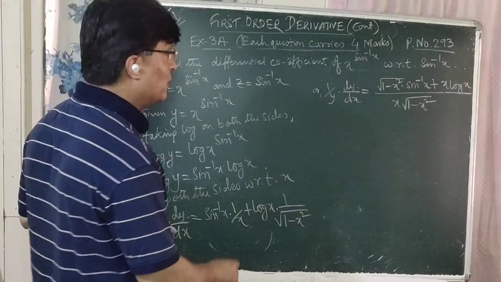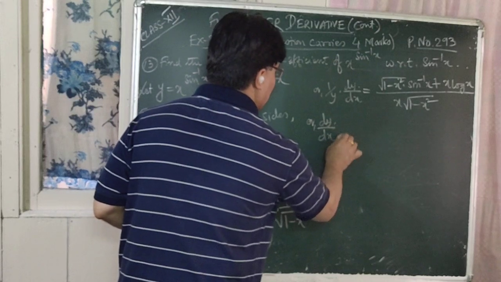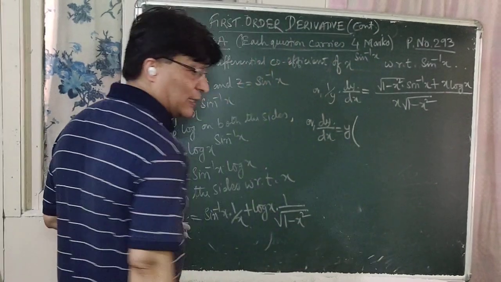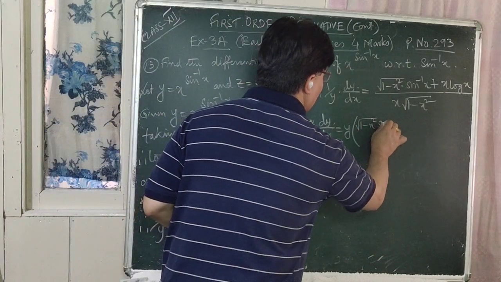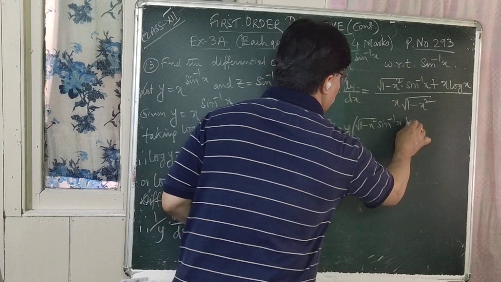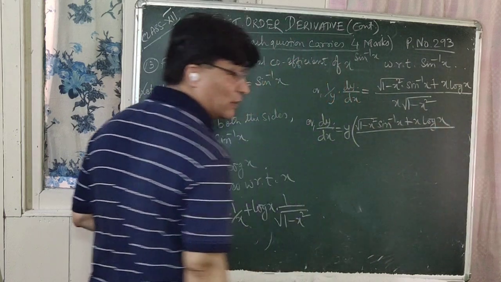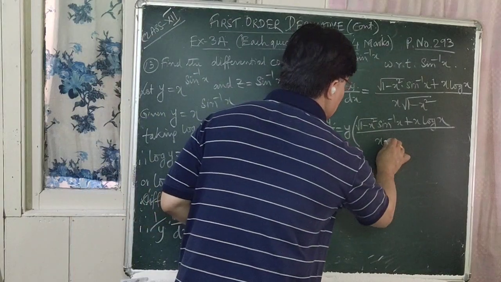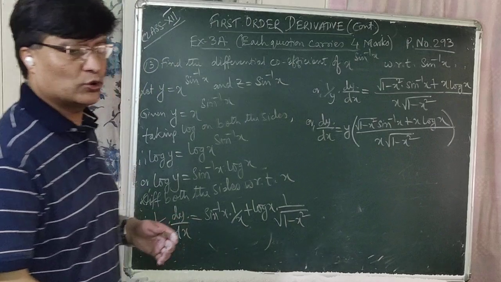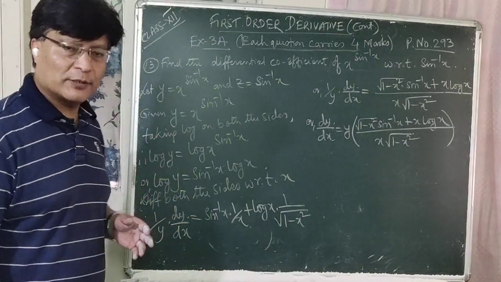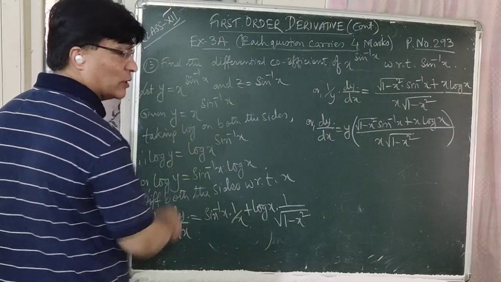So now what is the value for dy by dx? Now cross multiply by y, there is equal to y within bracket. Write down that fraction root over 1 minus x square sine inverse x plus x log x, this whole divided by what? X root over 1 minus x square. Here the bracket is closed. So I think you have understood it. Now put the value for y. What is y actually? It is x to the power sine inverse x.